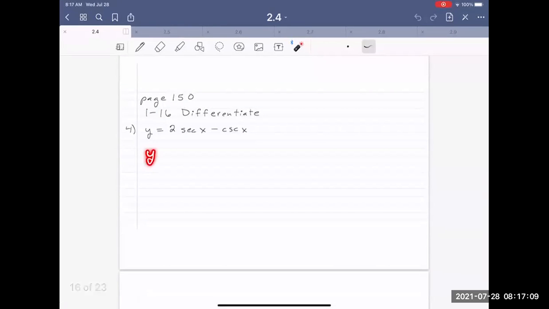So the derivative. Well, I have the sum of two things, so by linearity, this is just equal to 2 times the derivative of secant. The derivative of secant x is secant x tangent x.